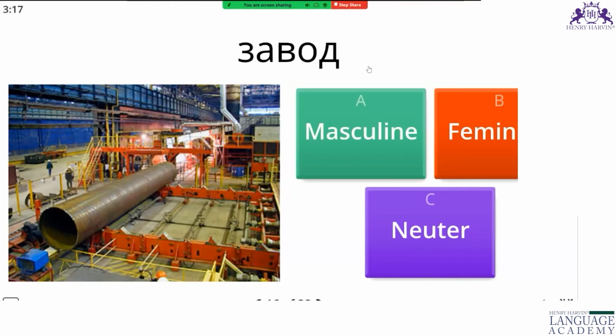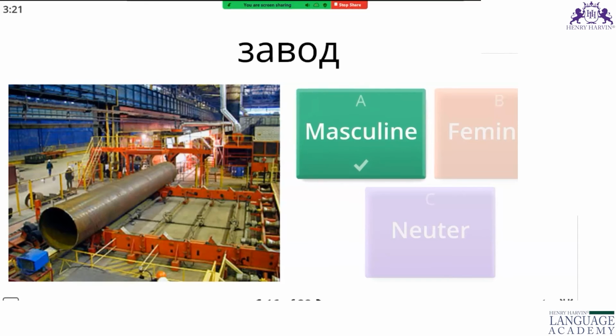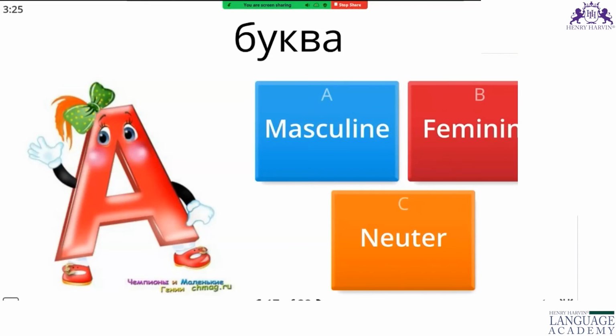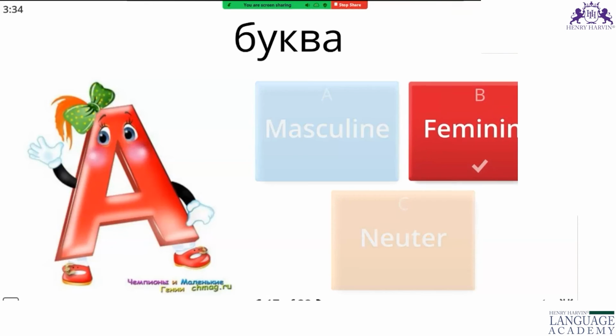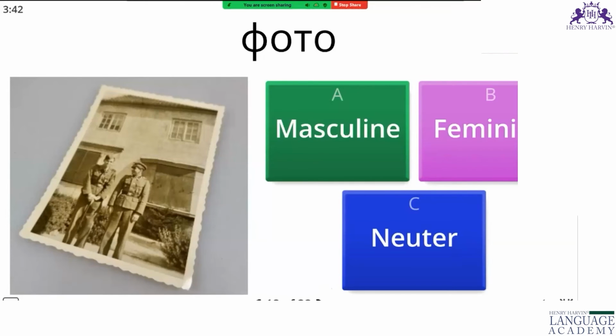Zavod, masculine. Because consonant at the end. Vishal. Bukva, feminine. Letter, feminine because A. Foto, neuter. Yes, and you pronounced it correctly.